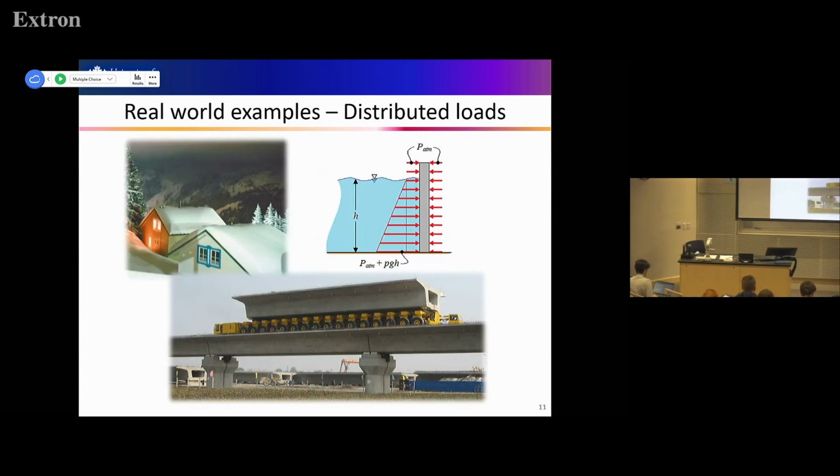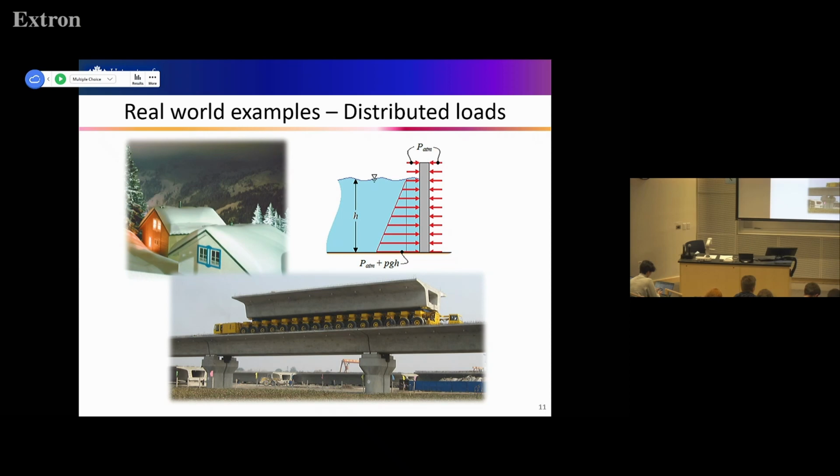Okay. So now we are going to objective 3, equilibrium equation under distributed load. This is a real-world example. So far we talked about point load and moment. Those are very important. But another simplified load we consider when solving equilibrium equations is distributed load.